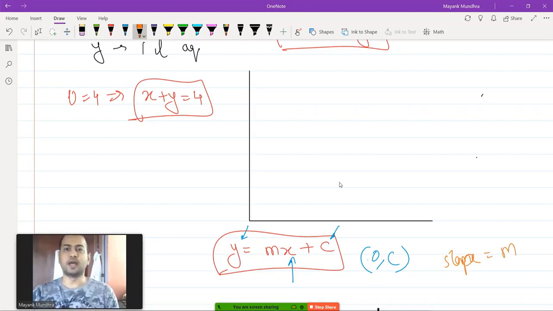So the idea is to convert any equation into y equals mx plus c format. Then you can take the slope as m and the intercept value as c, and construct the line.